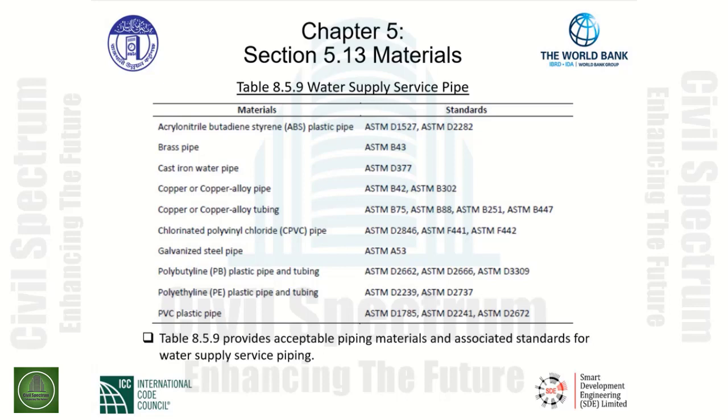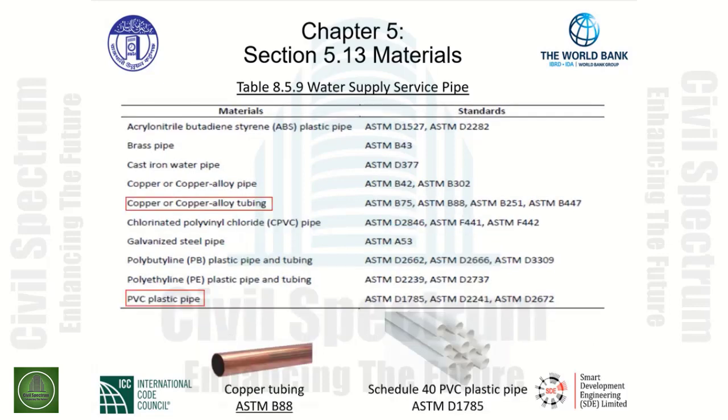So this table essentially provides acceptable piping materials with the associated standards for water supply service piping. As an example, copper or copper alloy tubing can be seen here in the table as a material.